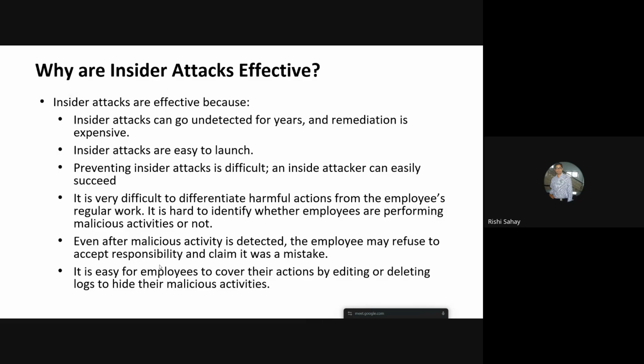Maybe if we have to access a particular server or information, we need to have two people who can access those systems, and we need to have proper clearance. So there are a lot of things in terms of policies and procedures that we can implement to at least prevent or make it difficult to do an insider attack. And at least if somebody launches one, we can detect it quickly.